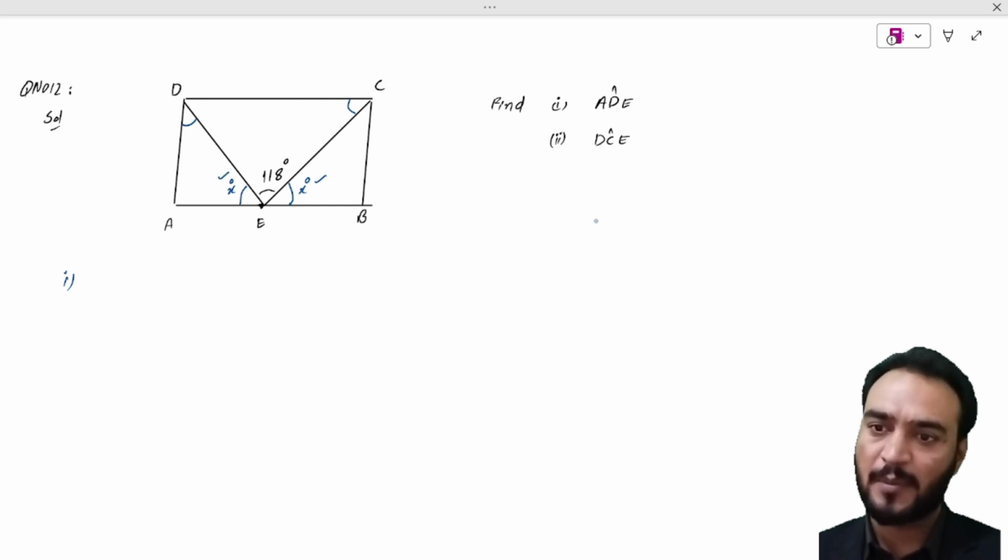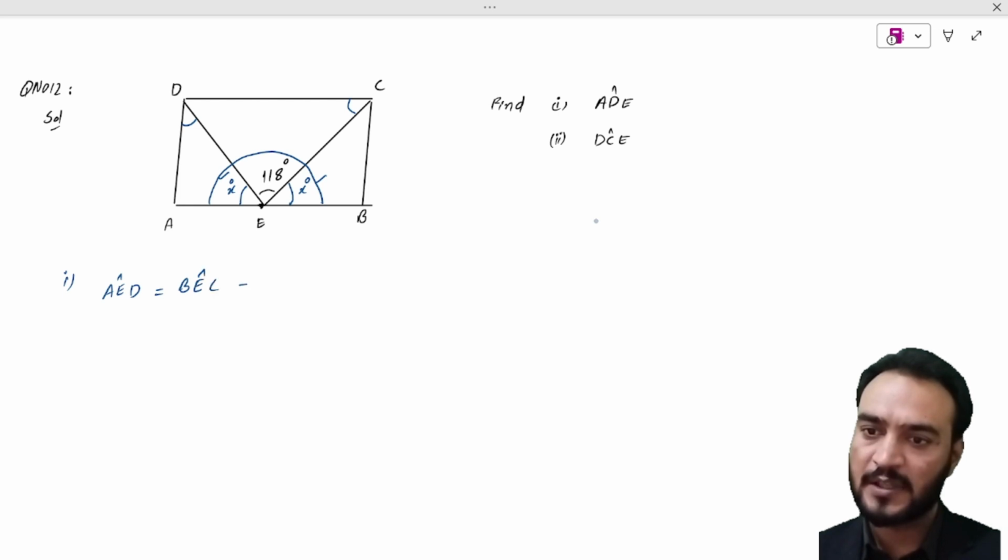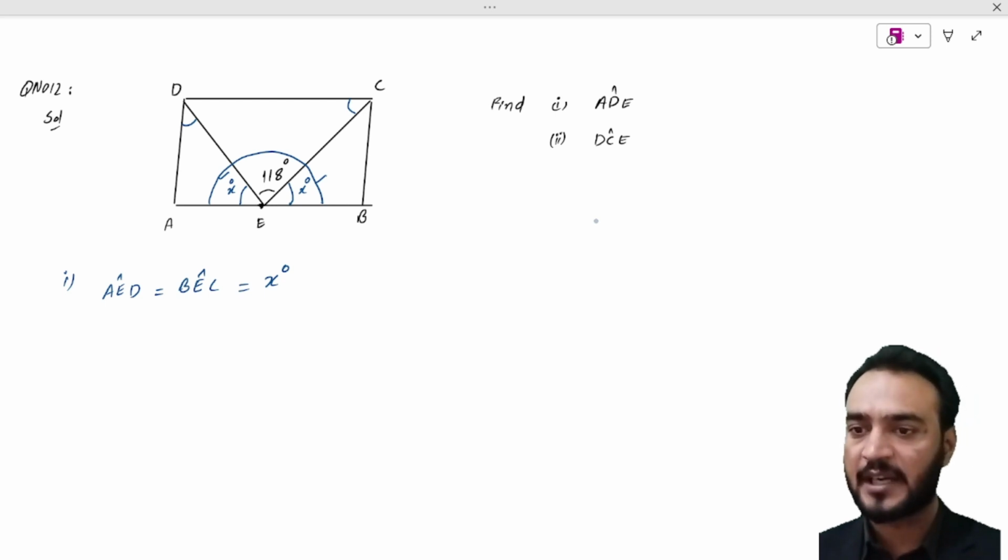We put the sum of these three angles equal to 180 degrees because all three angles are lying in a straight line. So first we write angle AED is equal to angle BEC, which is equal to x degrees.